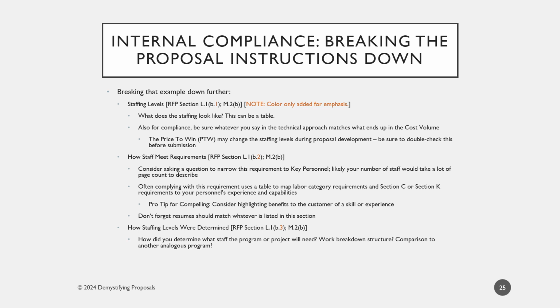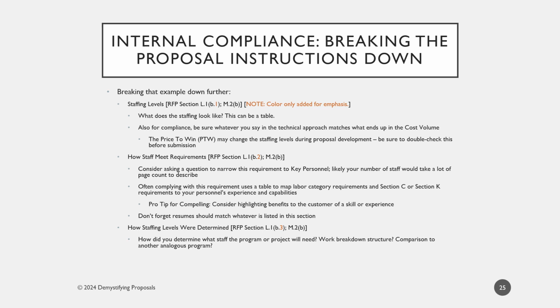So again, often complying with this requirement uses a table that maps the labor category requirements, the LCATs, and the Section C or Section K requirements, which is often where they have requirements for your key personnel, to show how your personnel have that experience or those capabilities. So you may, for example, for the program manager, have the name in the far left column.